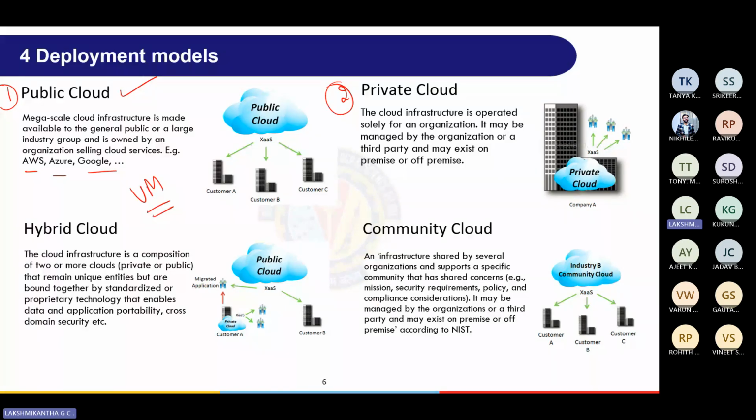And what is the third one? The third one is hybrid cloud. Hybrid means, you know, right? This is a composition of 2 or more distinct clouds, either private clouds or public clouds.